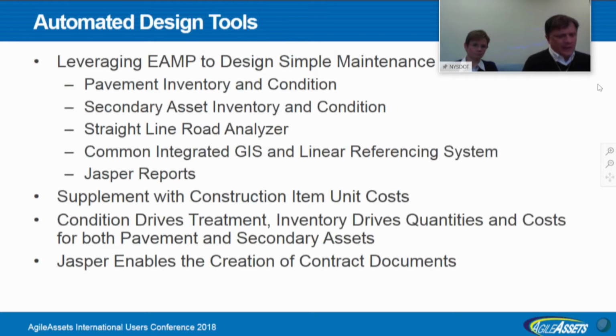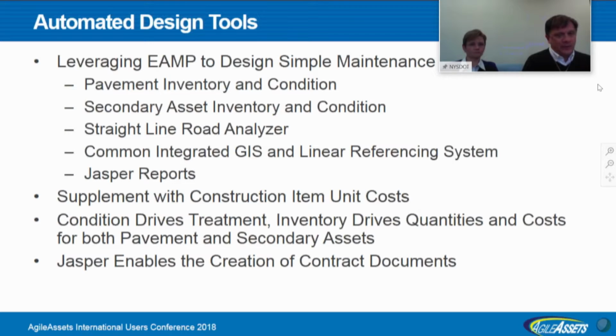The tool that we are implementing with our roadway inventory system is Transcend Straight Line Road Analyzer. So we are now working with Agile and Transcend to come up with a scope of work to use that Straight Line Road Analyzer as the platform for developing these simple pavement projects, which really drive the vast majority of the paving in the state.